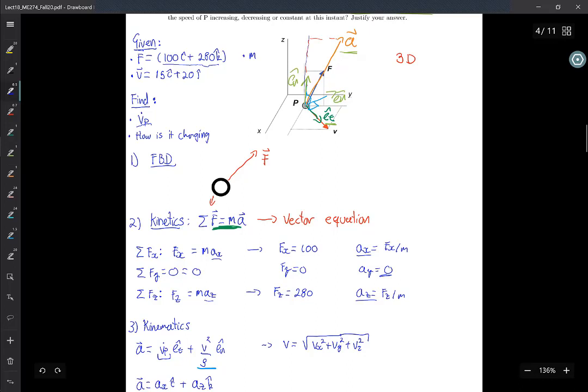But this plane is like this. No, the acceleration vector lives on this plane. Maybe my drawing is not perfect, but if you make a projection of the acceleration, it's there.